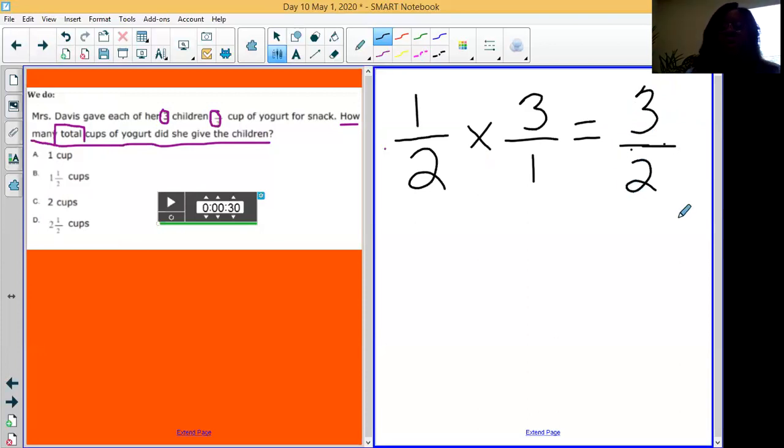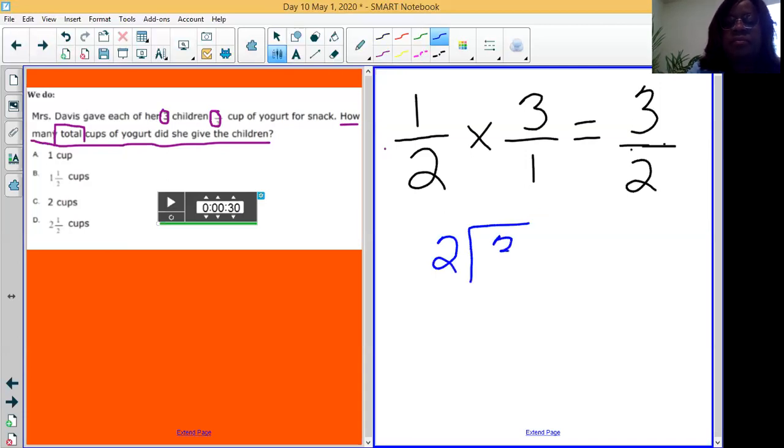So let's see what we have. One way we can do this is that we can divide the denominator of 2 into the numerator of 3. Okay. 2 goes into 3 one time. 1 times 2 is 2. Now I subtract. 3 minus 2 equals 1. 1 is less than my 2.